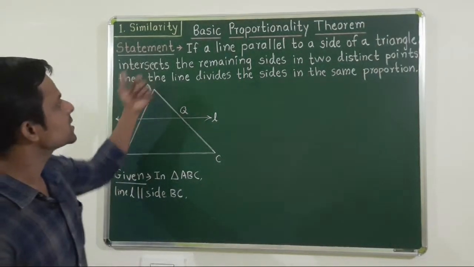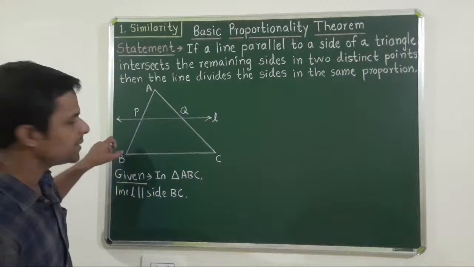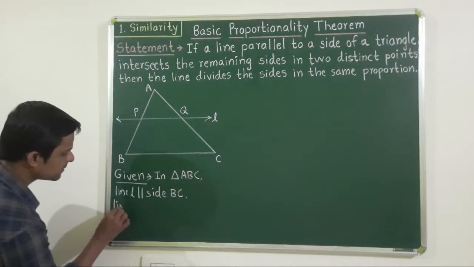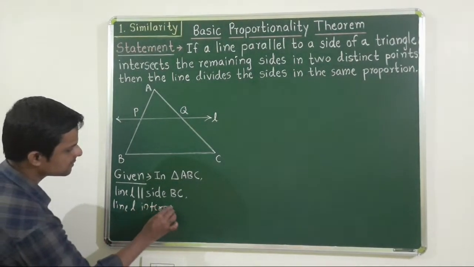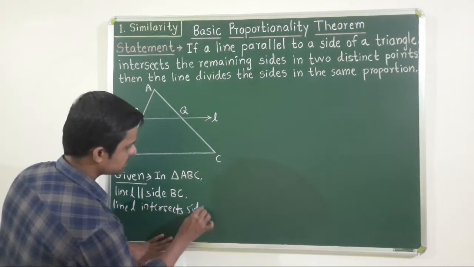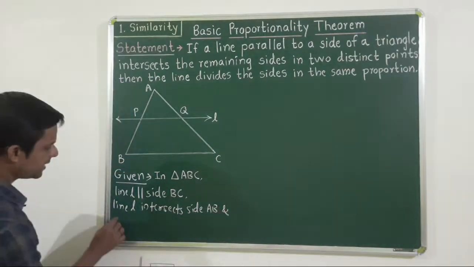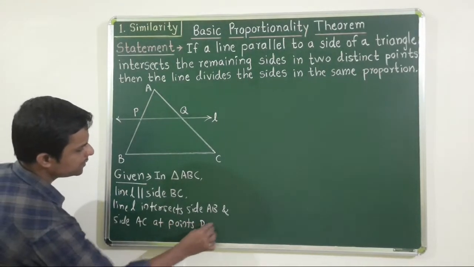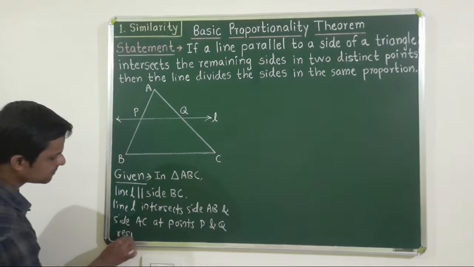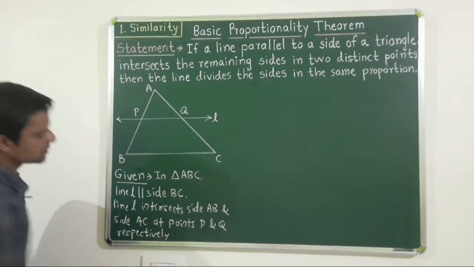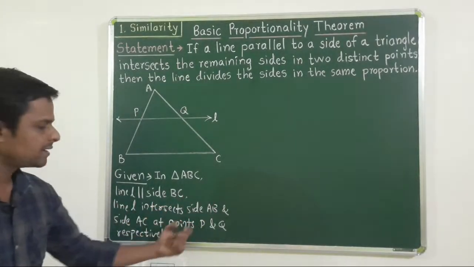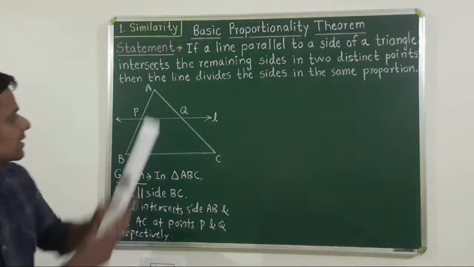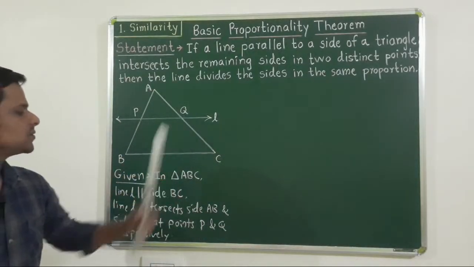And one more statement we have to write, that is line L intersects side AB at P and line L intersects side AC at point Q. That is, line L intersects side AB and side AC at points P and Q respectively.